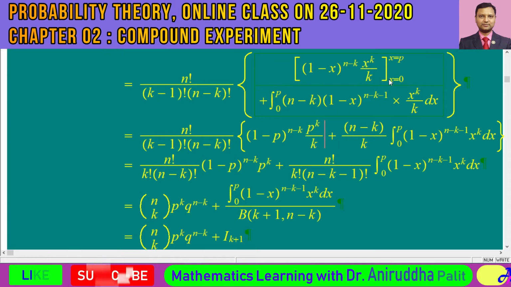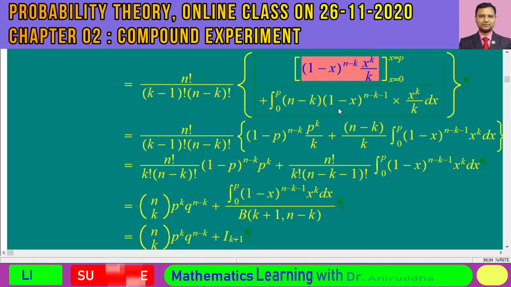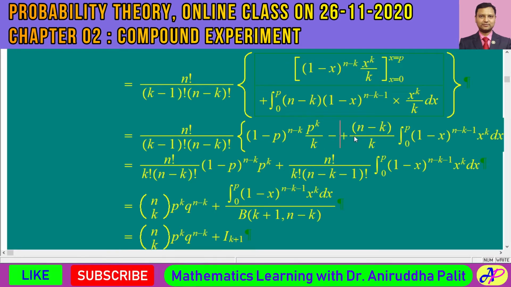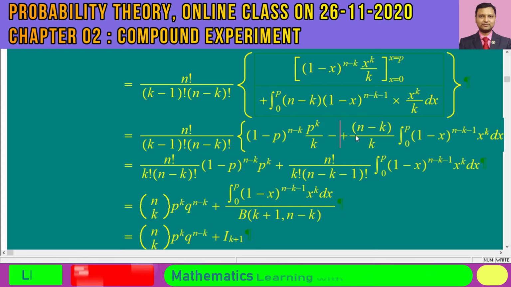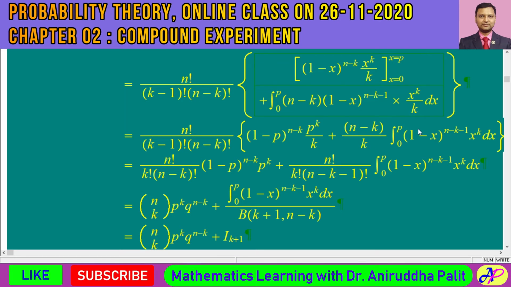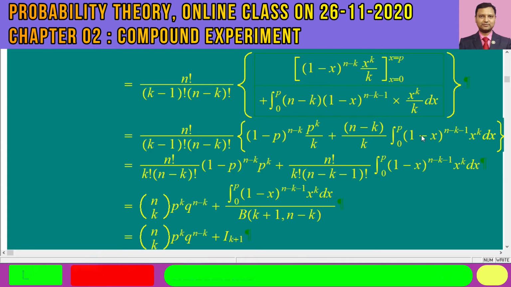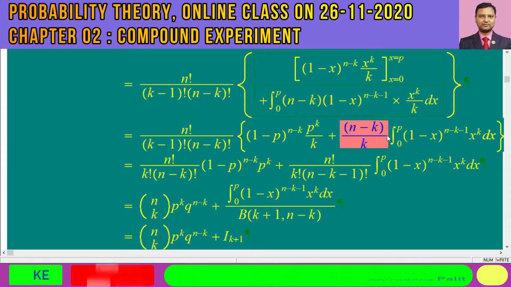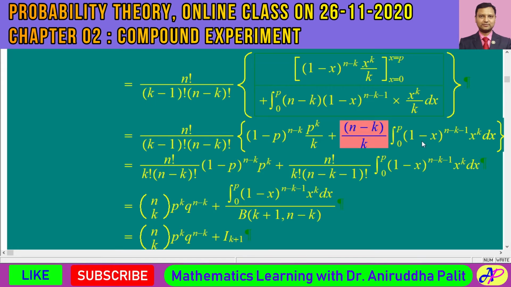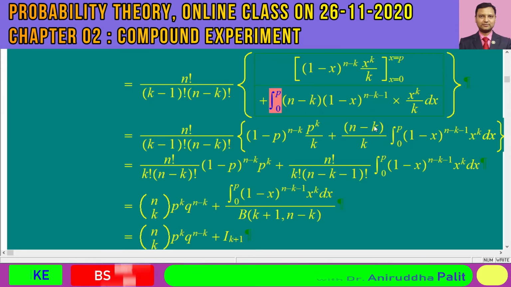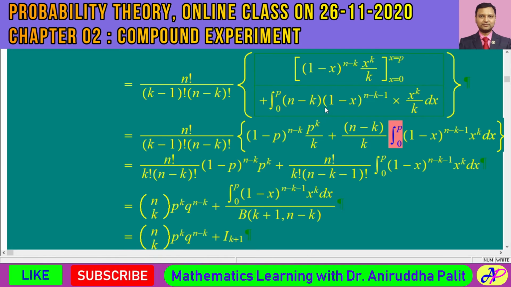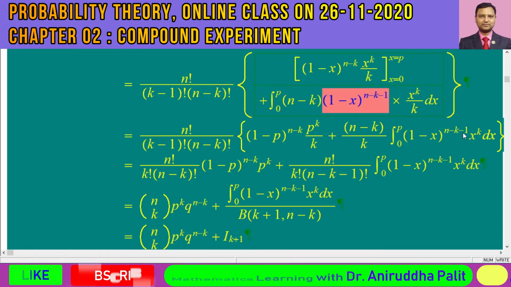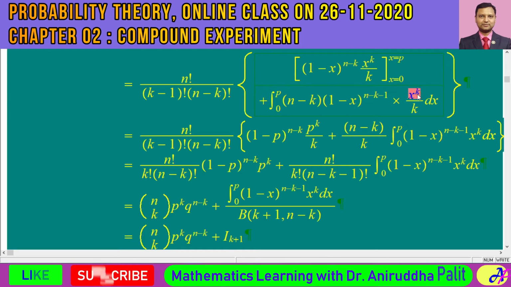And if we put x equal to 0, the second term would be equal to 0, so minus 0 would be there. I'm not writing this minus 0. Next, over here this n minus k divided by k is a constant and can be taken outside the integral sign, so ultimately we would have the integral from 0 to p of 1 minus x to the power of n minus k minus 1 into x to the power of k. Got it?